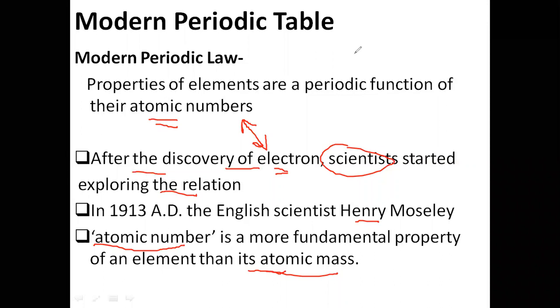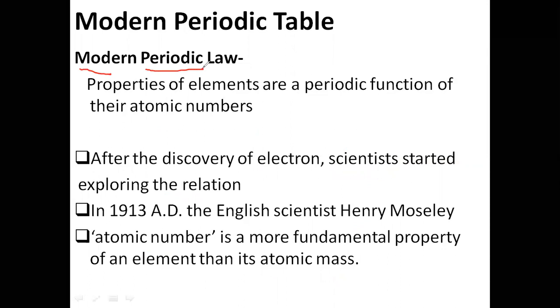On the basis of this, we have the law called the modern periodic law. This modern periodic law is similar to Mendeleev's periodic law, just one word is changed. Instead of atomic mass, we have atomic number here. So, what is this modern periodic law?